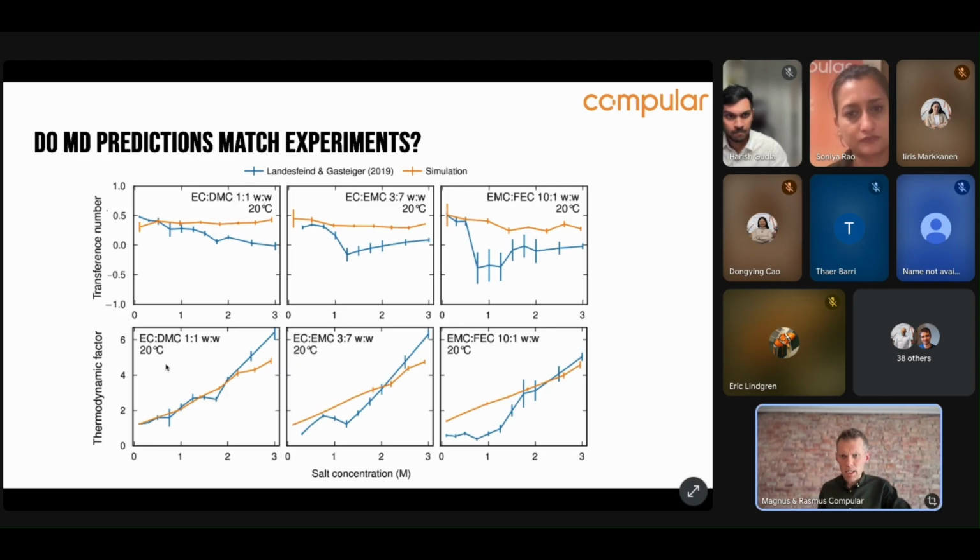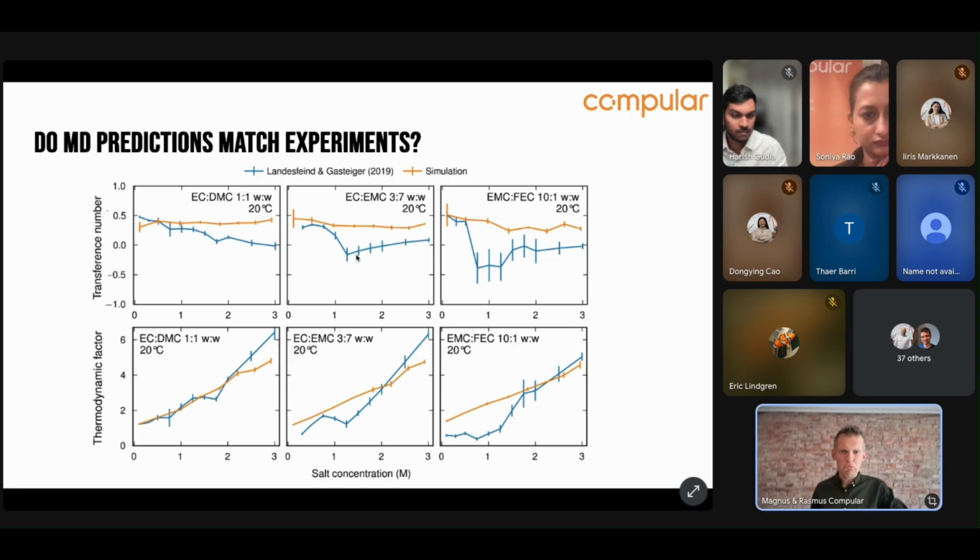So here we're looking at the same system, but now at transference number at the top and thermodynamic factor at the bottom. And I forgot to say that the blue lines are experimental lines from a paper from 2019 that is often considered state-of-the-art for measuring these properties. Oranges are simulations, and you can almost see from the blue lines that this is hard to measure experimentally because the error bars are high.